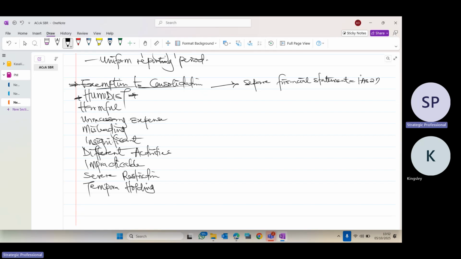Where any of the companies are having some restriction in their activities, you cannot consolidate. Where such acquisition is not a permanent one, where it is put under your care, where you are just to supervise, where you do not have the direct control or ownership of the other company, it is called temporal holding, you are exempted from consolidation.